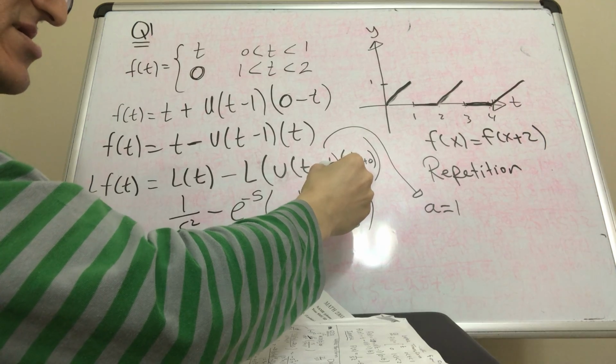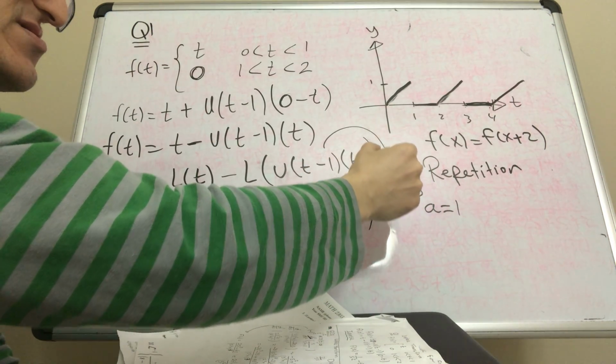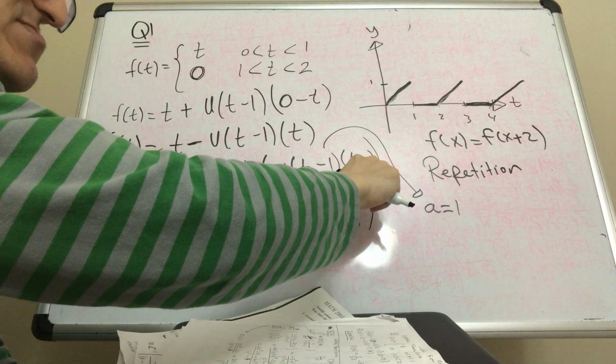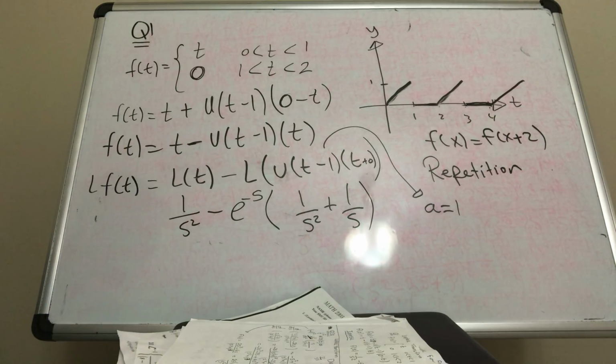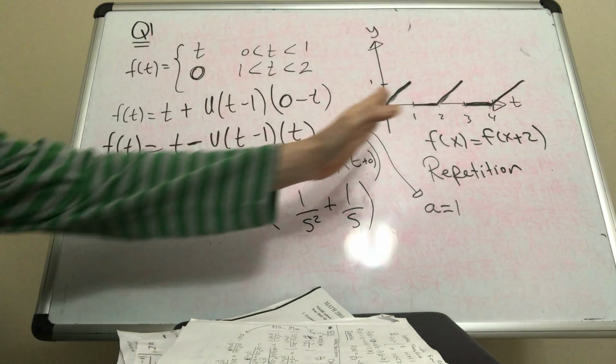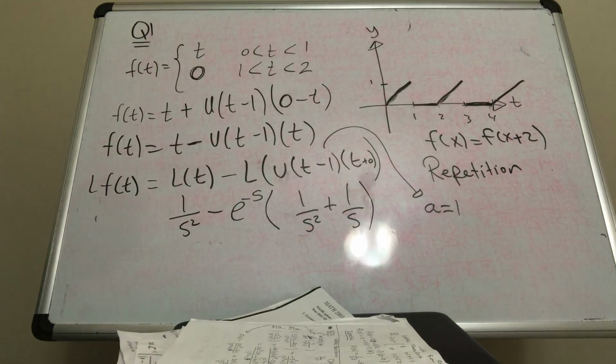You look at the a number, which is 1. You add it to whatever this number, 0, becomes 1, and you do the transformation 1 over s. And again, why he ignored all of this after, I don't know.